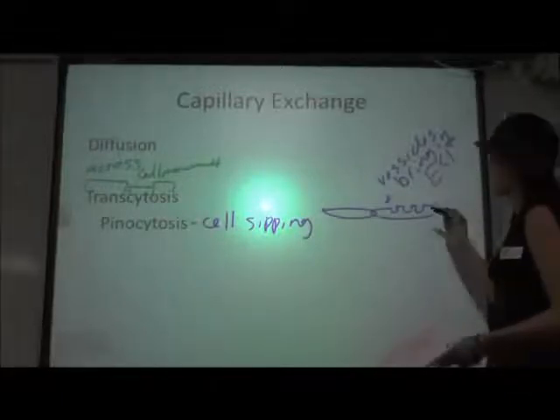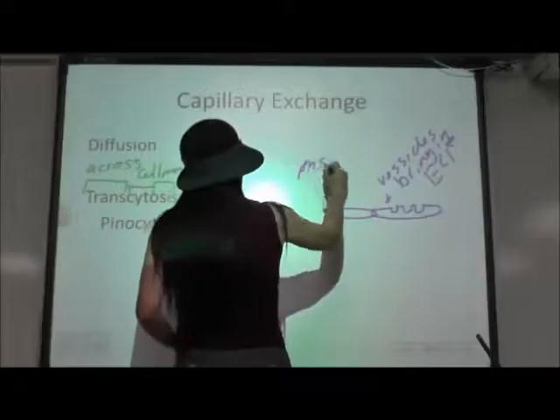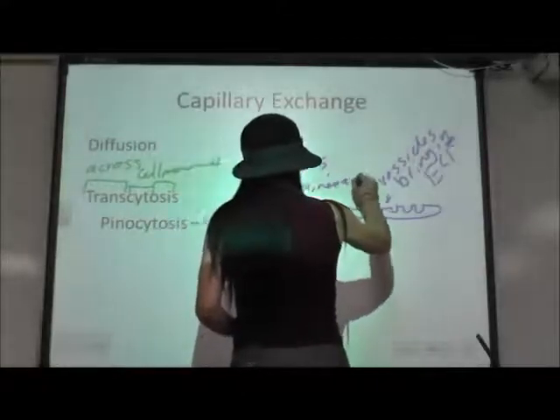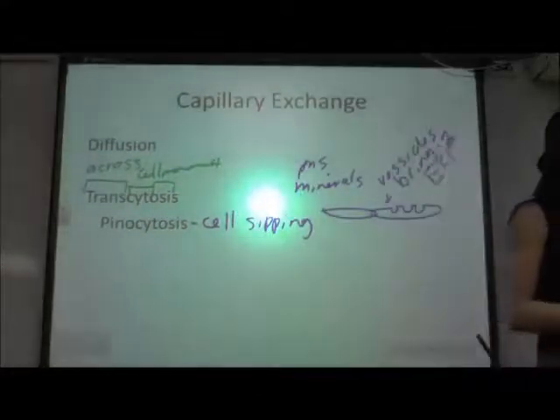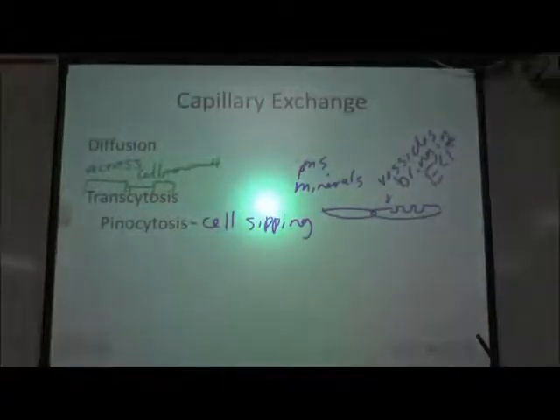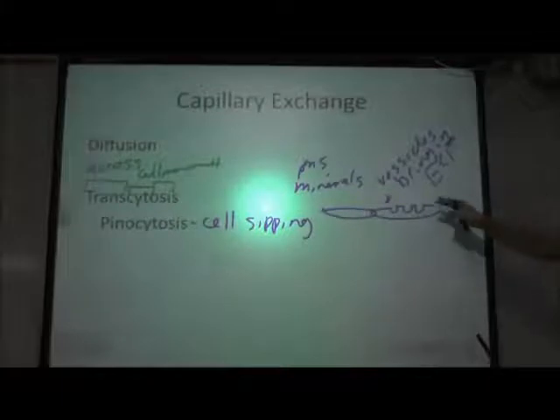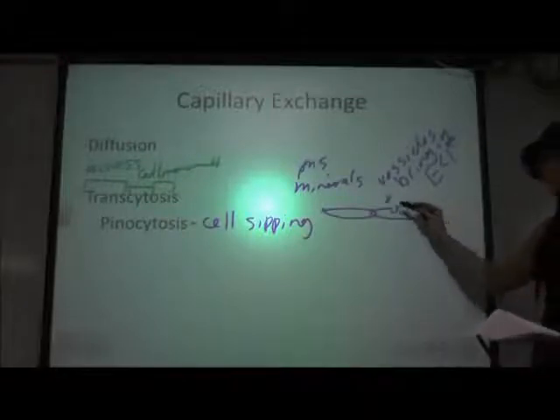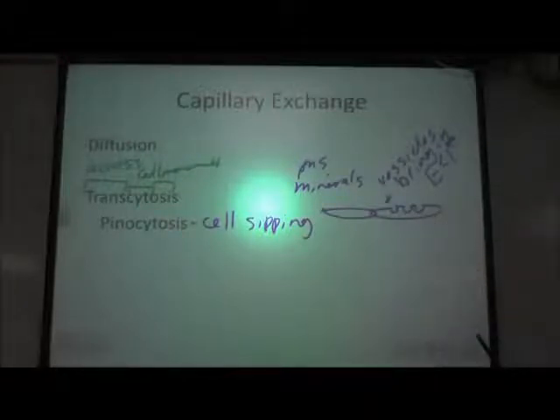So this would be things like ions, minerals, things that are too big to move by diffusion, but are small enough to be just kind of sipped into the cell in these small little vesicles. So the cells sip something in, they've got to be able to get out on the other side.